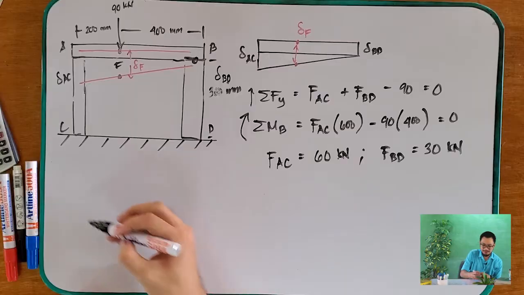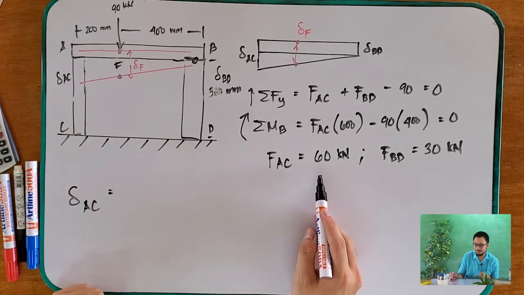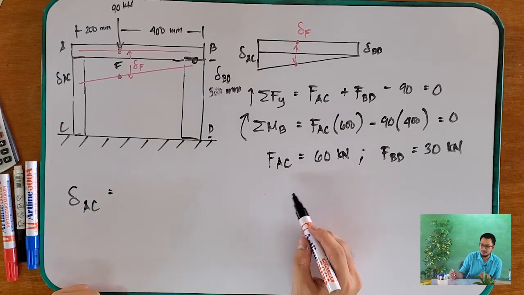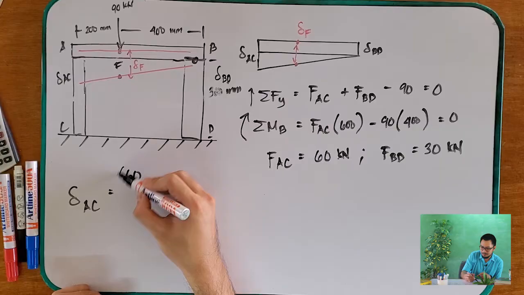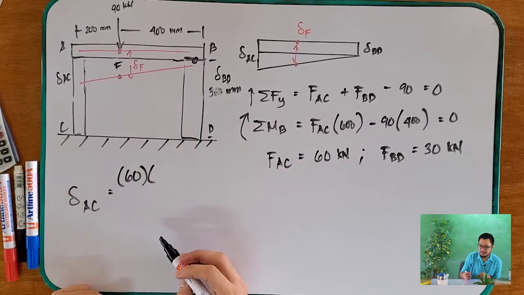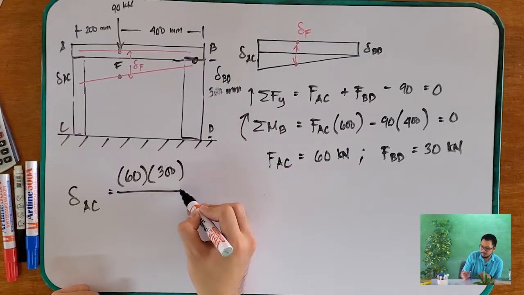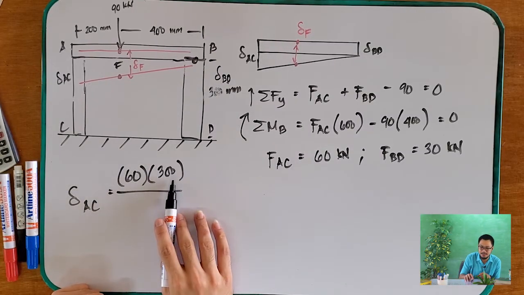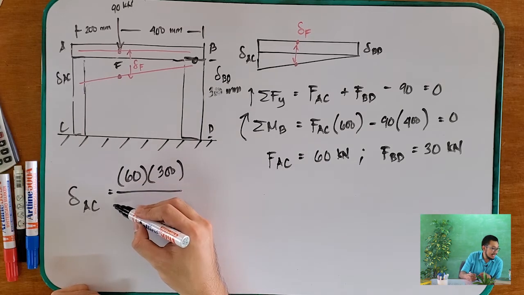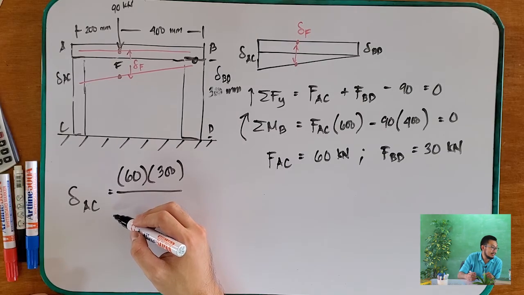So, to get the deformation of your AC, it will compress. So, this one, going down: 60 times length of 300 over, this is kilonewton, this is millimeter, the cross-sectional area of your material. AC is made of steel.